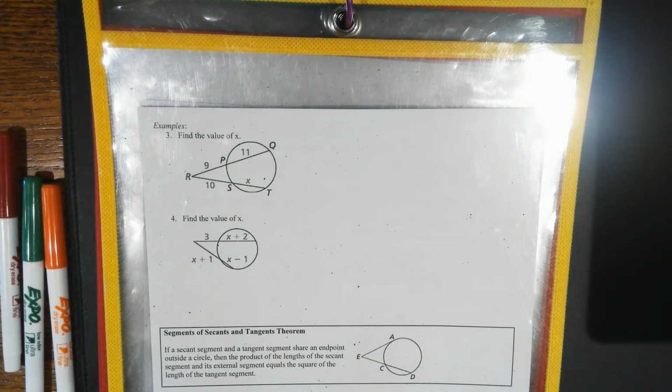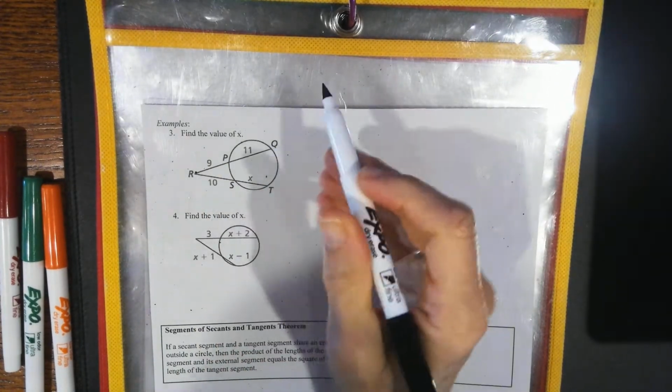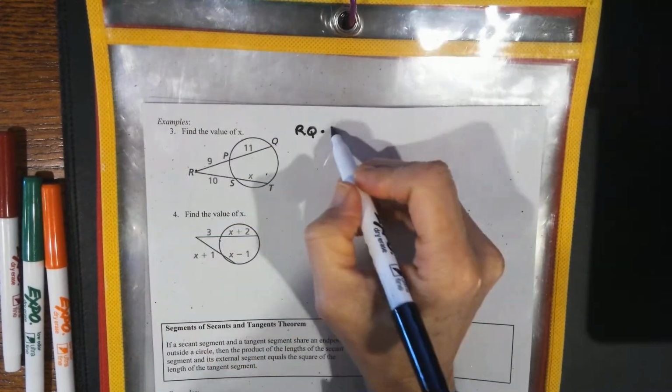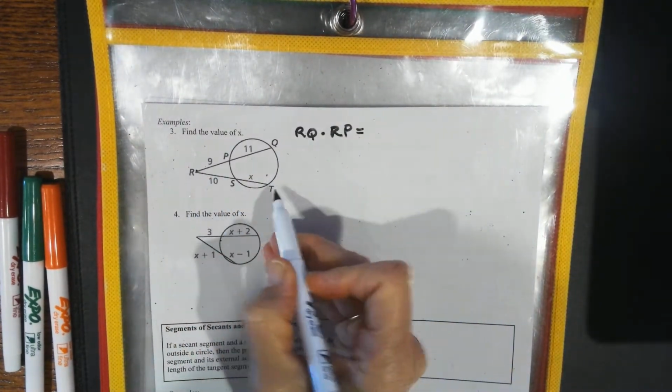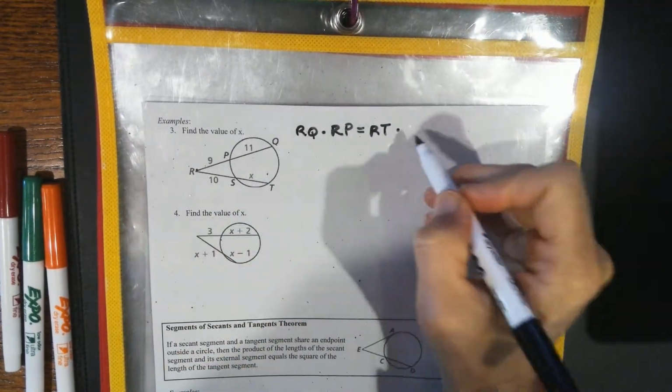All right, so example 3, here's what the theorem says. It says that RQ times RP is equal to RT times RS.